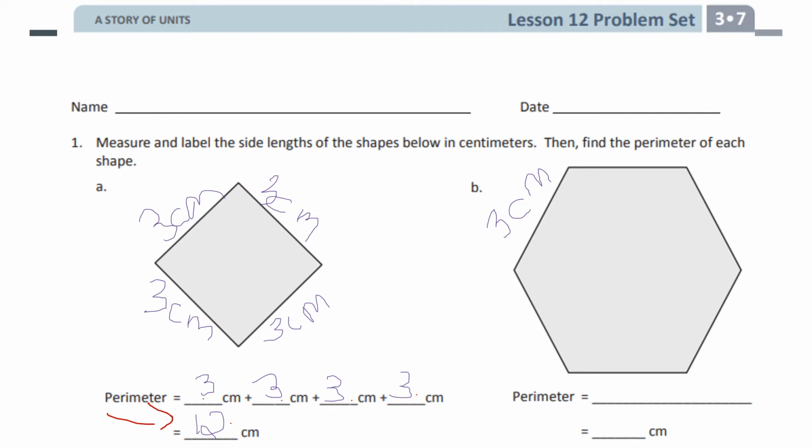So for this next problem, you can see I still gave you one side of 3 centimeters for this hexagon, and it's a regular shape, so that means all the sides are the same, which is a hint for you.